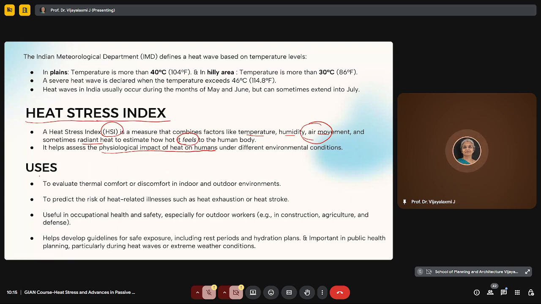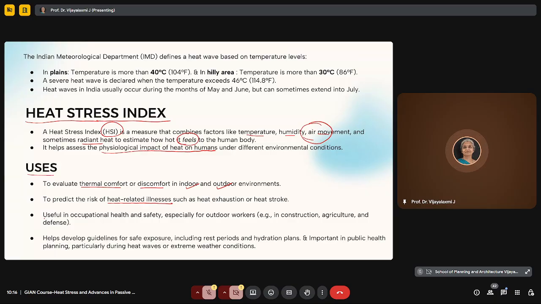So why do we use the heat stress index? To evaluate thermal comfort or discomfort in indoor and outdoor environments. Also to predict the risk of heat-related illnesses such as heat exhaustion, heat stroke, or even fatality.